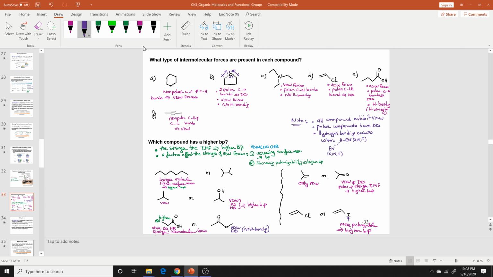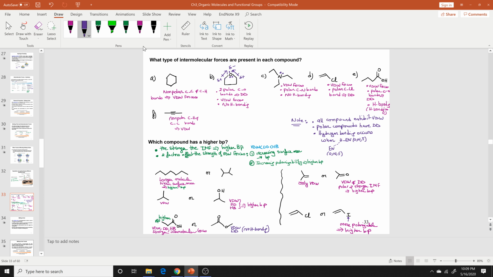So you have polar CO bonds on both sides. This carbon is going to be partial positive, and the oxygen is going to be partial negative. So you have two polar CO bonds. This is a dipole-dipole interaction. You have van der Waals forces because of your carbons over here. You don't have any hydrogen bonding. For the alkyne, just van der Waals forces.